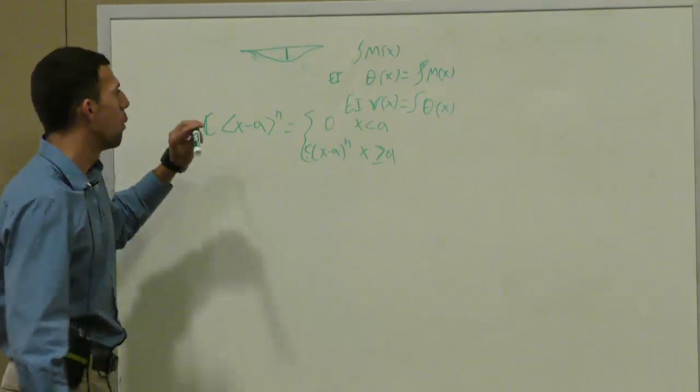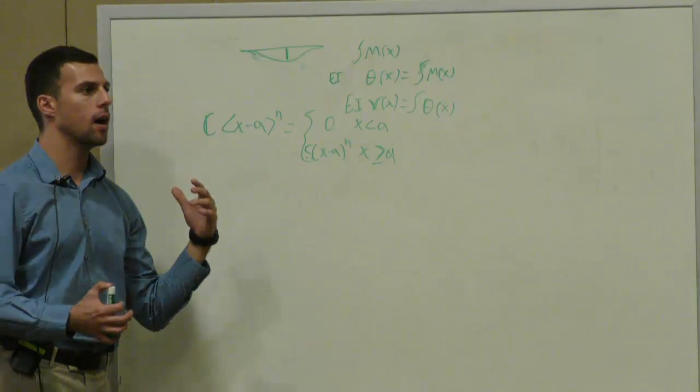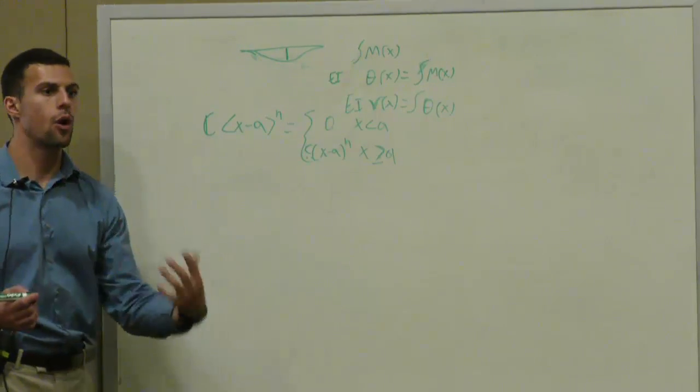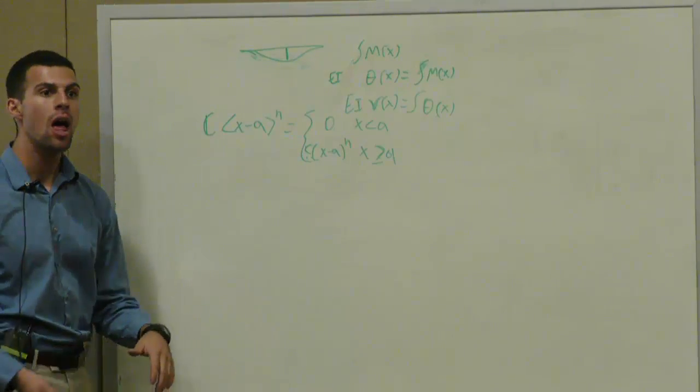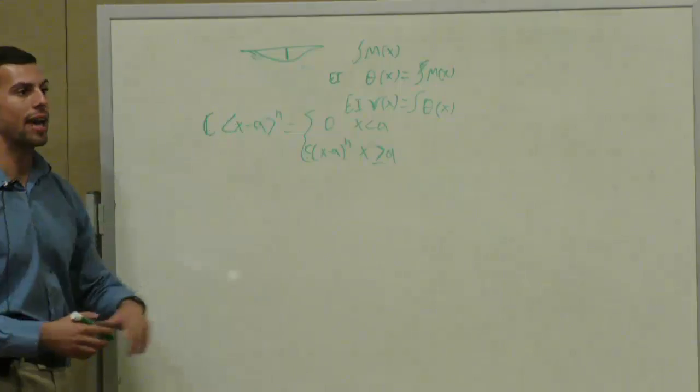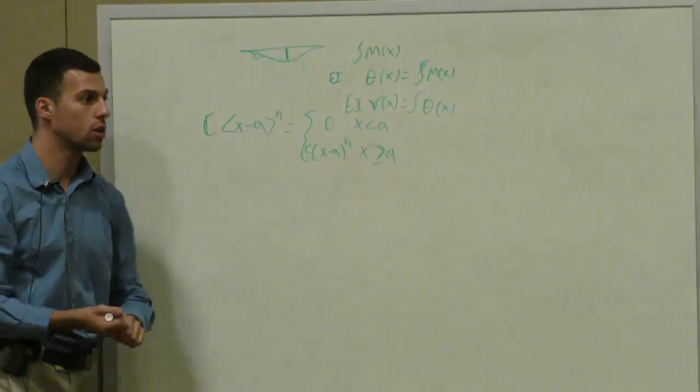And so we can establish moment equations based on some known functions. If you go into your book, there's a table that for specific load conditions establishes what their Macaulay function looks like.